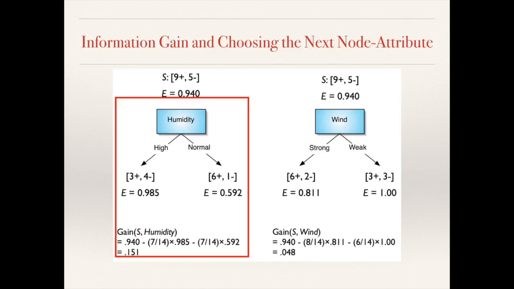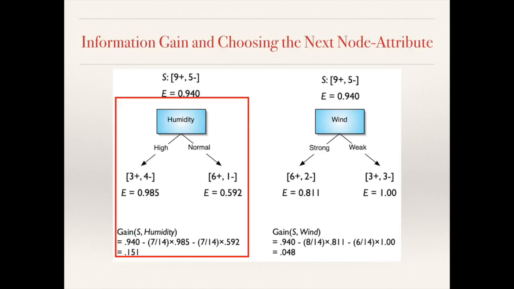Let's follow the equation of information gain, and we can compute the gain of testing the attribute of humidity: 0.940 minus the weighted sum of the left and right trees' entropy together, and the information gain is 0.151.